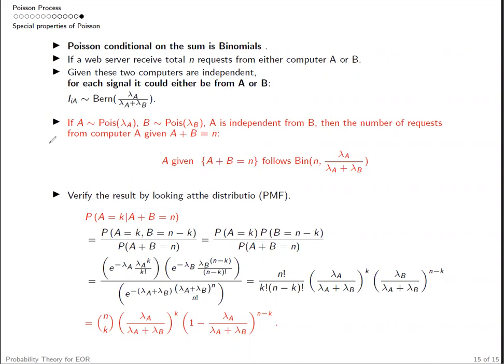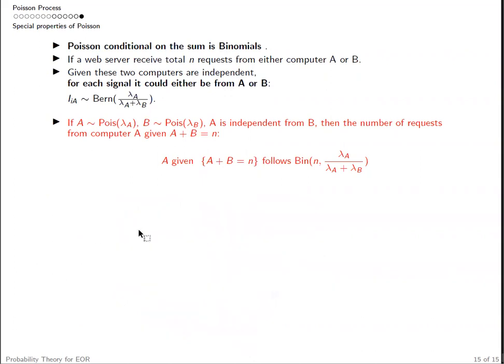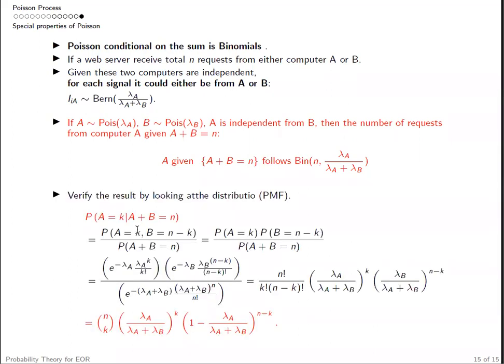Now let's delete these results first. You can pause the video and try to figure out the solution yourself. How do you prove it by showing the PMF? Okay, let's show the results here.